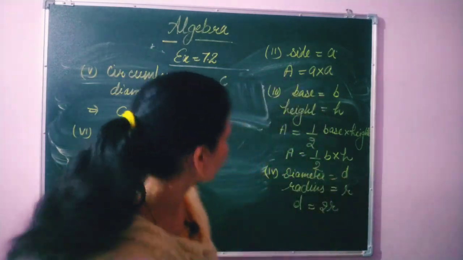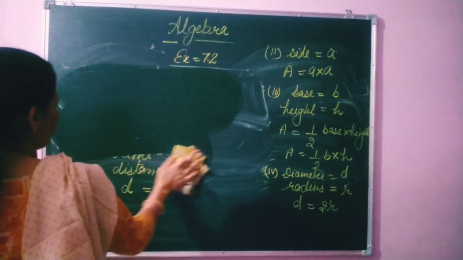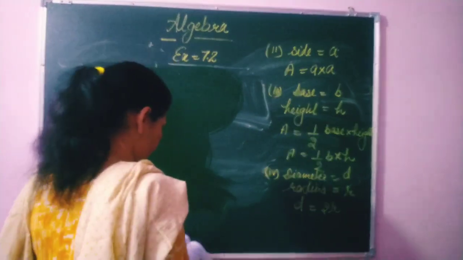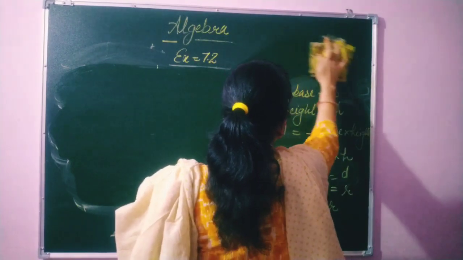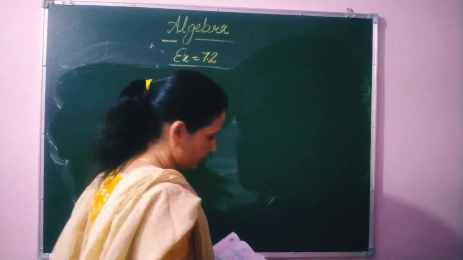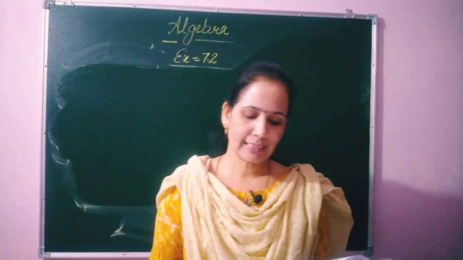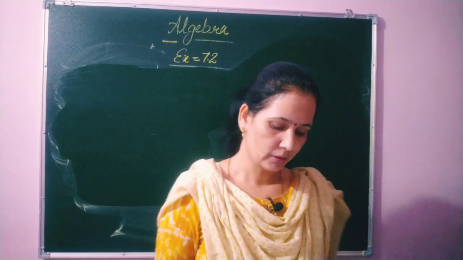Let's see. Write the next 3 terms of the following pattern of numbers. Question number 4, first part.